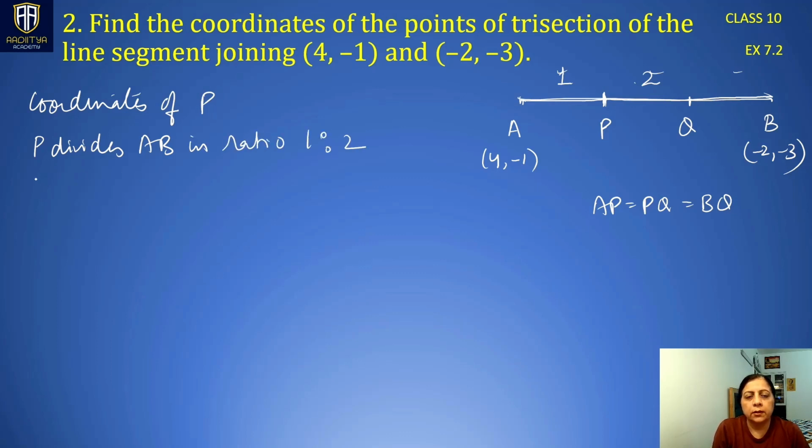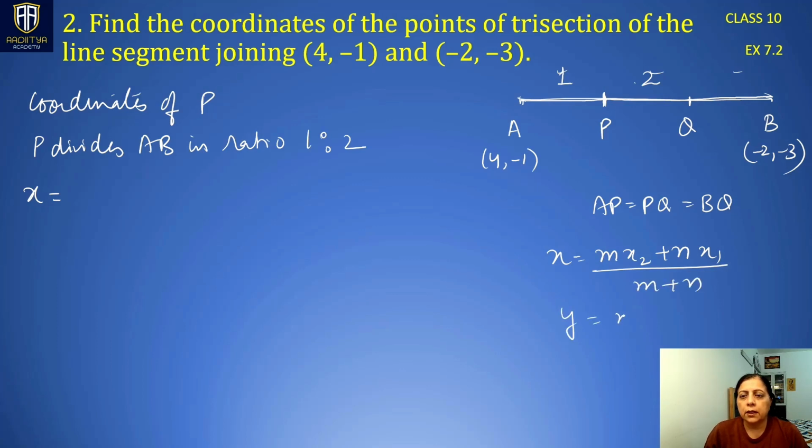1:2. So coordinates of P becomes x is m times x2 plus n times x1 upon m plus n, and y is m times y2 plus n times y1 upon m plus n.